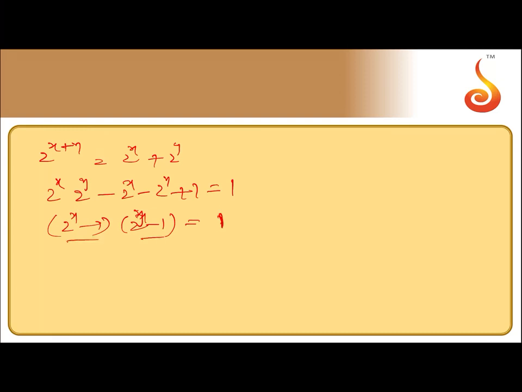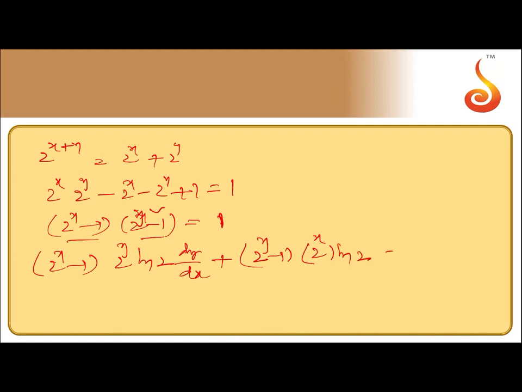And find the derivative on both sides by applying the uv rule. 2 power x minus 1 multiplied by derivative of this function, 2 power y log 2 into dy by dx, plus 2 power y minus 1 kept as it is, and 2 power x derivative, minus 1 derivative, 2 power x into log 2, and that is equal to 0.